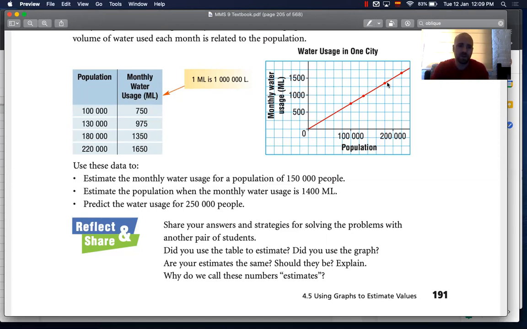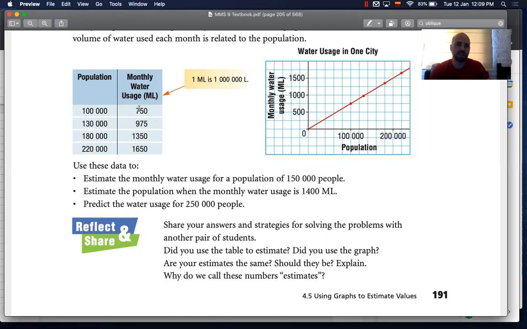And then predict the water usage for 250,000 people. Our graph only goes up to about 240,000.